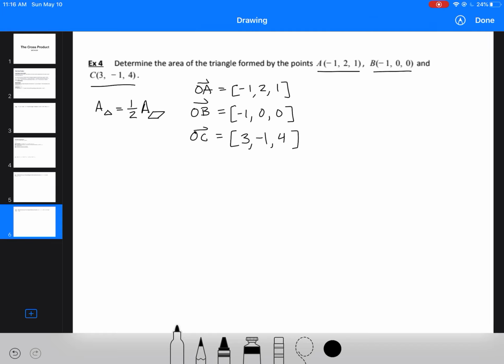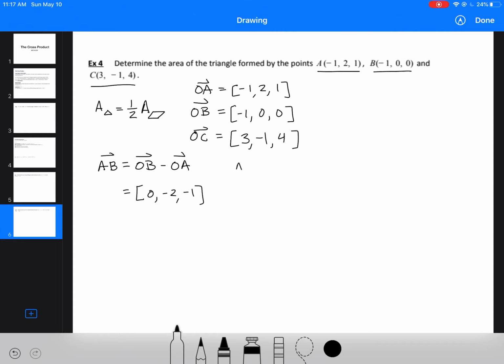Okay, so now we're going to create the vectors that make up our triangle, ABC. So we've got the vector AB, which would be the position vector OB, take away the position vector OA, and this would give us (0, -2, -1).